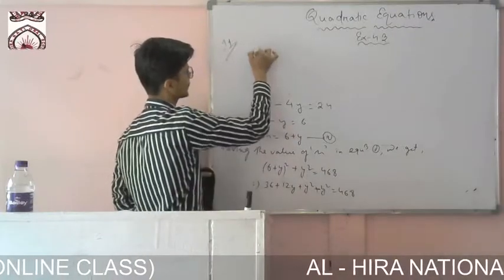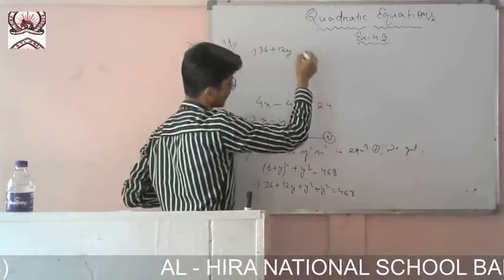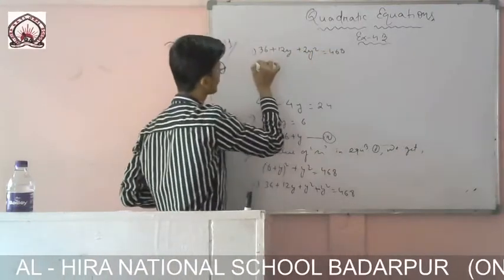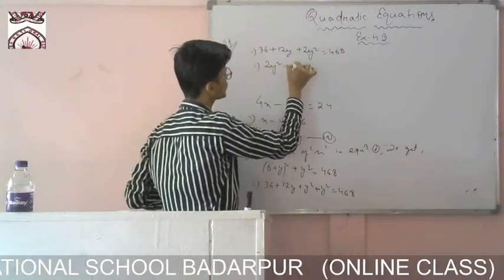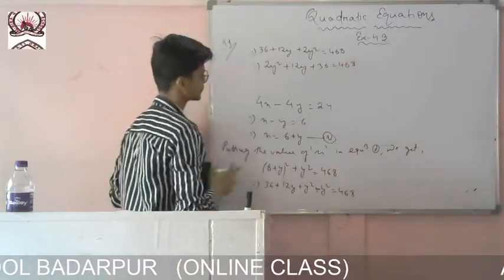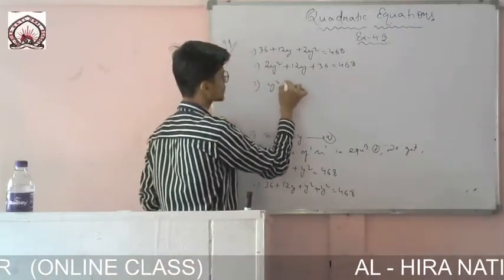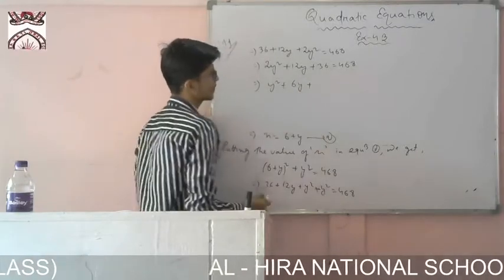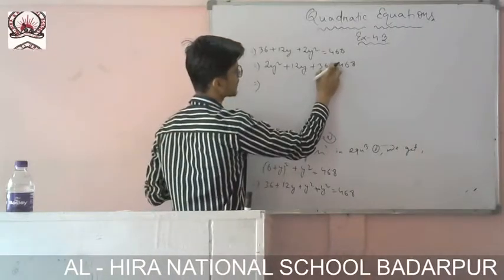So now 36 plus 12y and y square plus y square is 2y square, equals 468. Let me arrange them: 2y square plus 12y plus 36 equals 468.